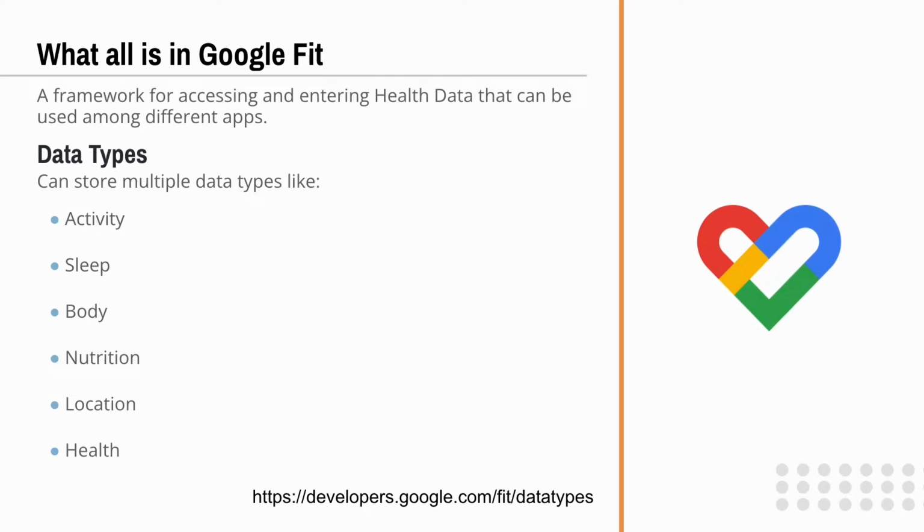Activity data types typically include things like your metabolic rate, like your calorie burn rate, and it's mostly exercise data. A lot of that does couple with location. If you have a cardio exercise where you're running around outside or moving around, you can have that coupled together. Sleep, obviously, is your REM cycle, things like that.